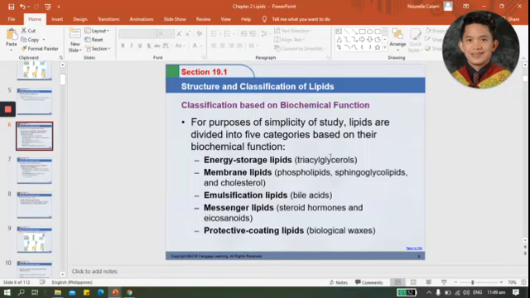The next category of lipids is the membrane lipids, which, as the name implies, are the lipids found in the membranes of our cells, performing different functions. Examples of membrane lipids include phospholipids, sphingoglycolipids, and cholesterol.